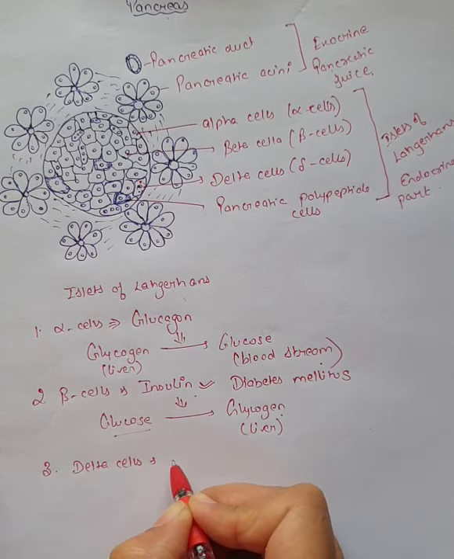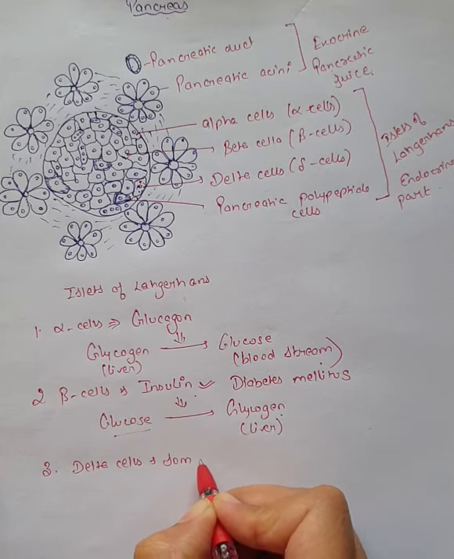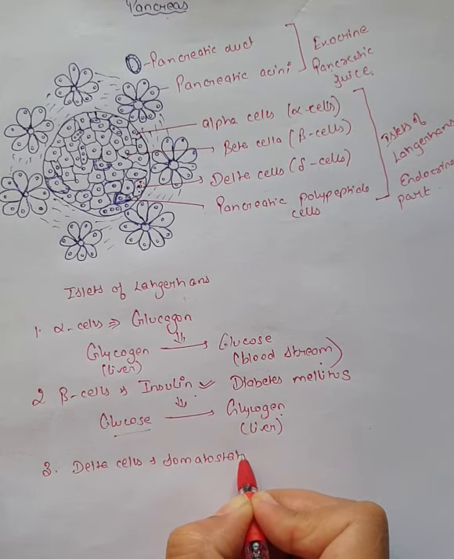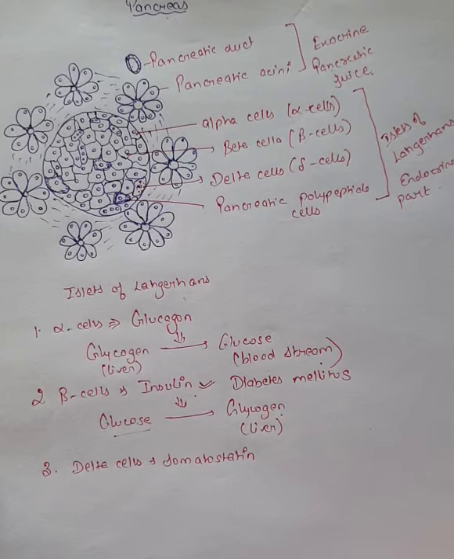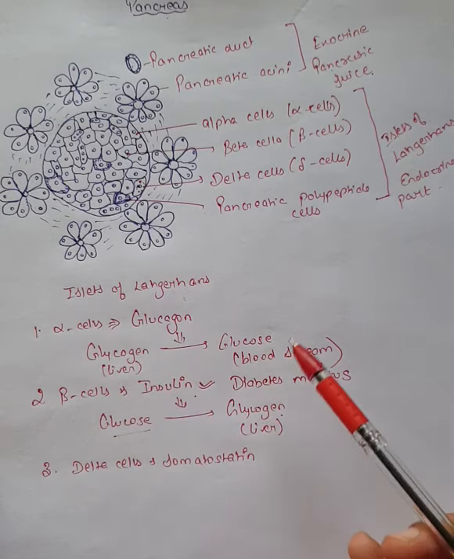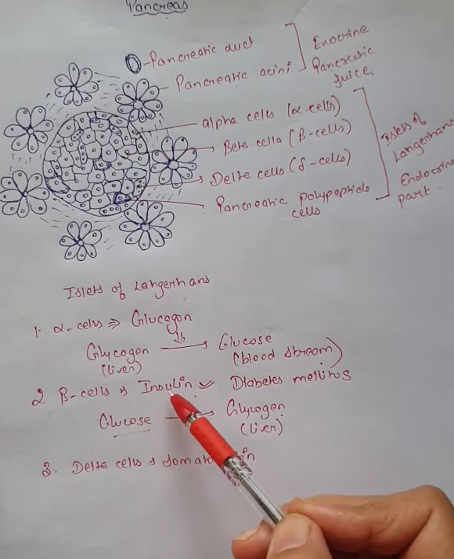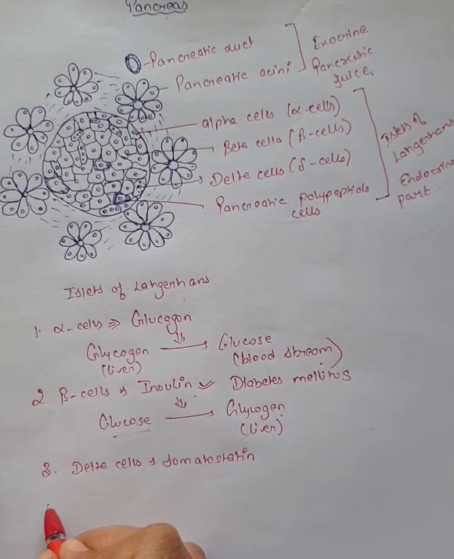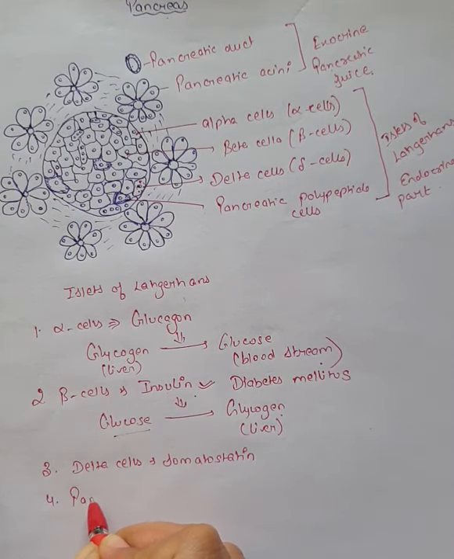The delta cells release a hormone that is somatostatin. This somatostatin functions as an inhibitor. It inhibits the alpha cells and beta cells from releasing their hormones, that means it inhibits the secretion of insulin and glucagon. And the fourth are the pancreatic polypeptide cells.